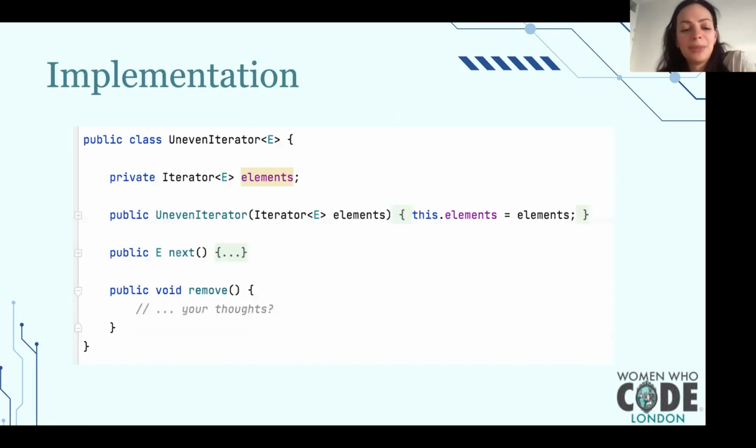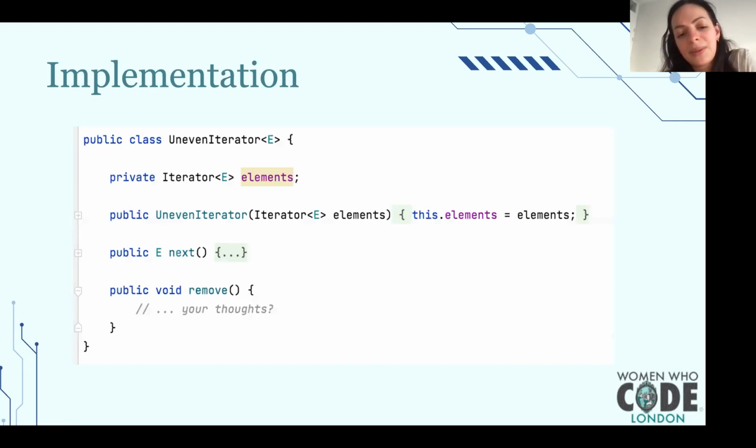How would we implement remove? Any pitfalls for remove? What do you think? Can we remove the first element from this?